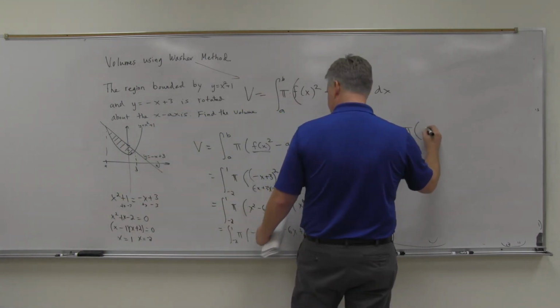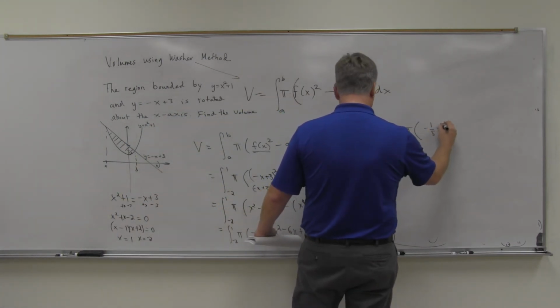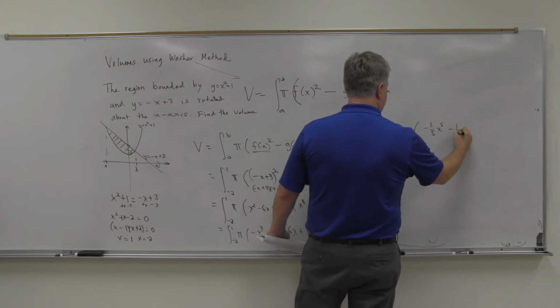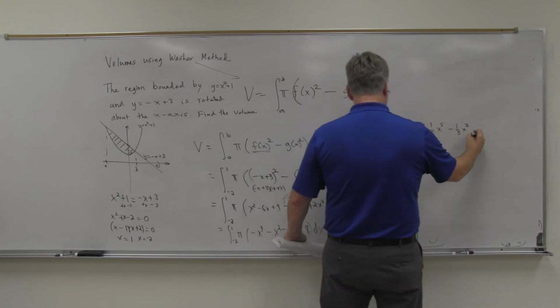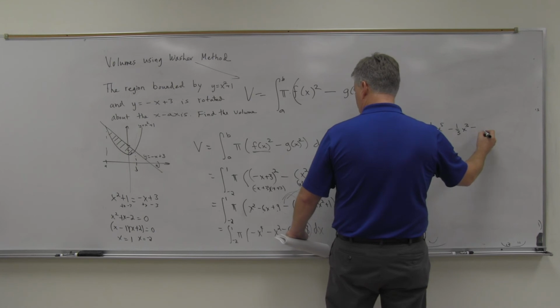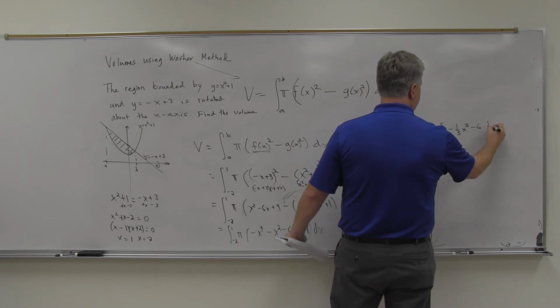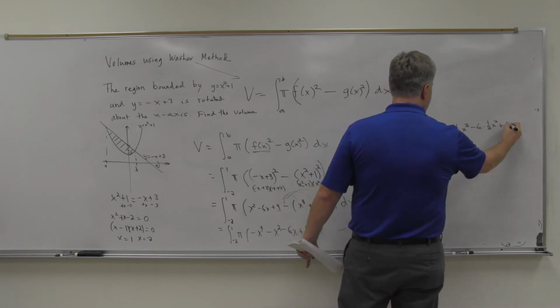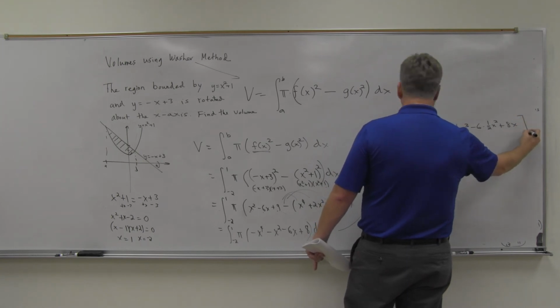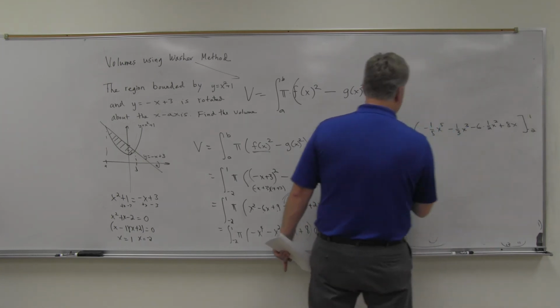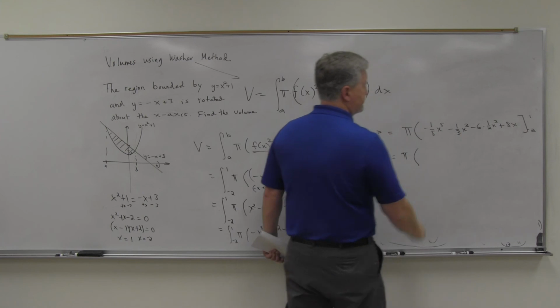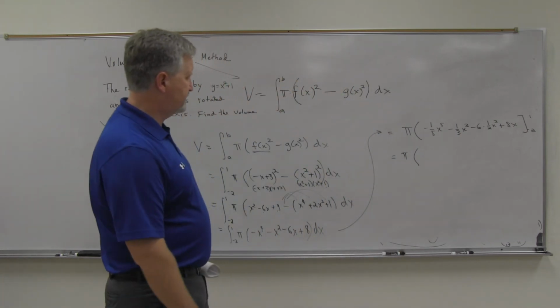It'd be pi times negative 1/5 x to the 5th minus 1/3 x to the 3rd, minus 1/2 x squared times 6, and then plus 8x, from negative 2 to 1. I believe is what we got.